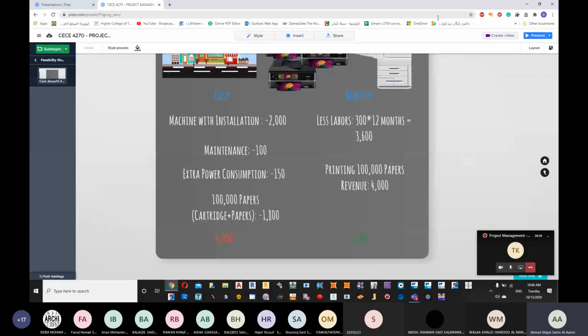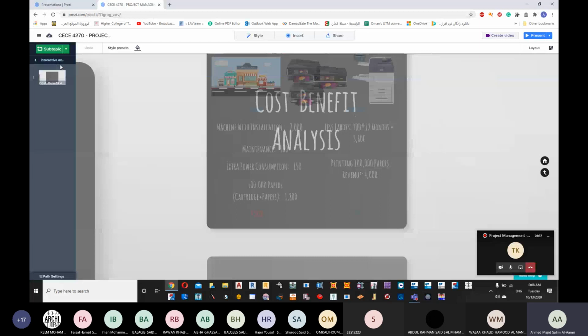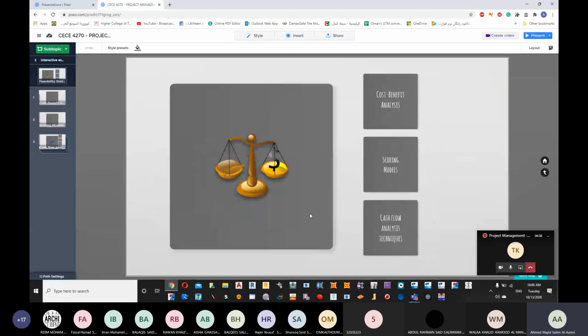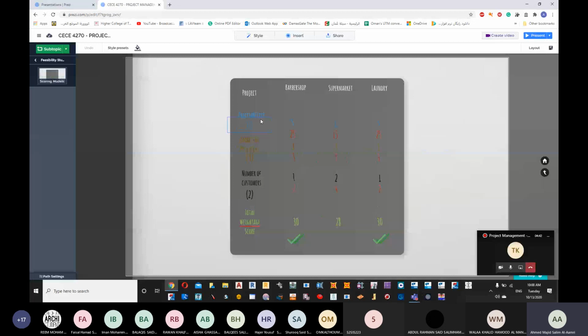Now after the cost benefit ratio, we have taken scoring models. If you remember in scoring models, we put certain categories and we try to evaluate our projects in terms of these categories, like profitability, marketing potential, and number of customers.